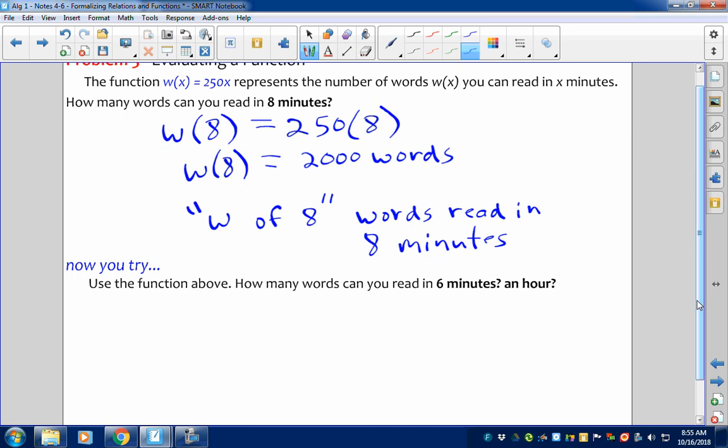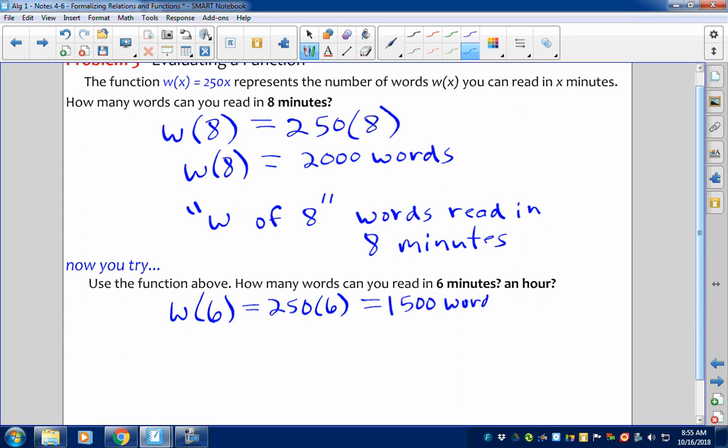How would the notation change if you were to find how many words you read in 6 minutes? We would be looking at W of what? 6, yes. W of 6. And W of 6 is 250 times 6, which equals 1,500 words.